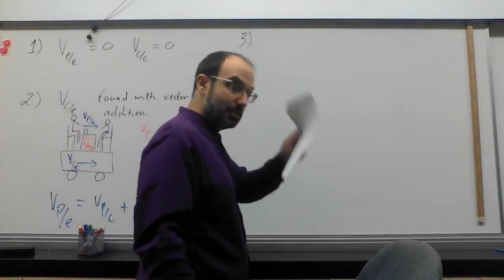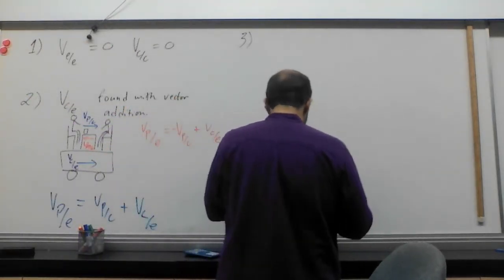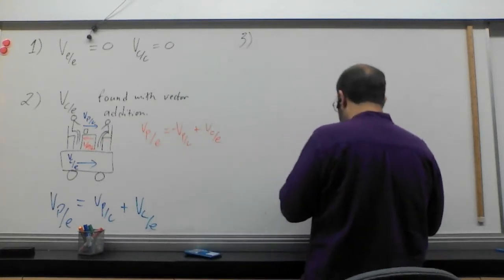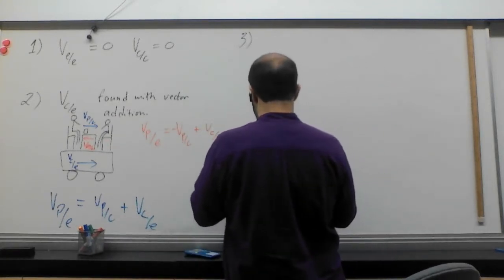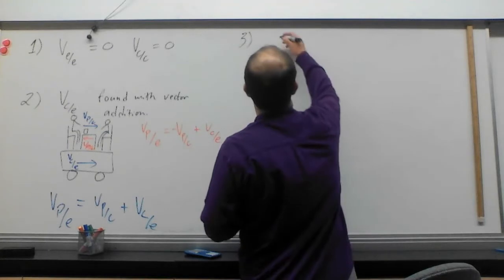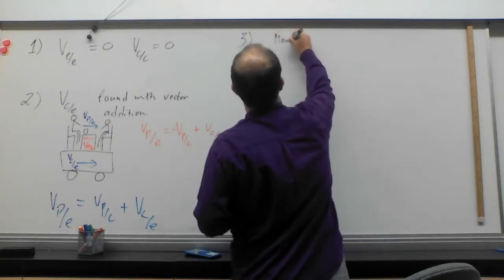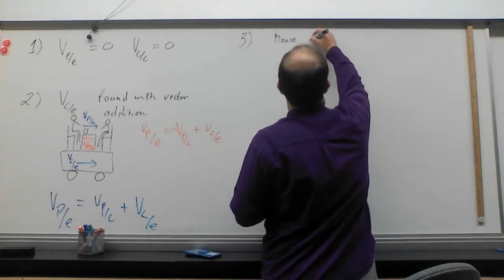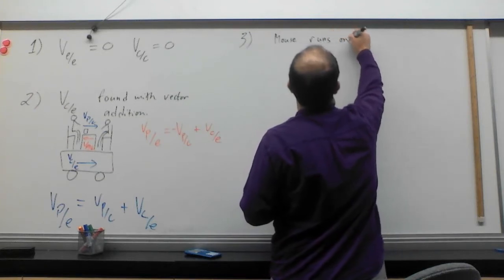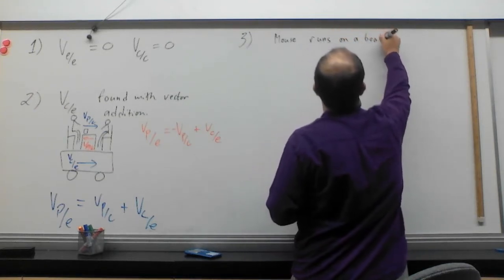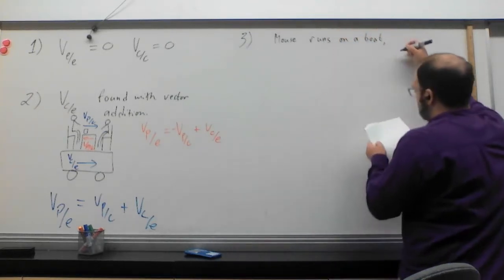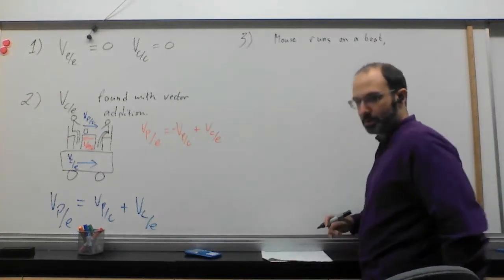So the example in the notes here says that a mouse runs on a car, rolling on a boat, sailing down a river, flowing towards the sea. Whew! So we've got a mouse running on a boat, oh, I already got it wrong.